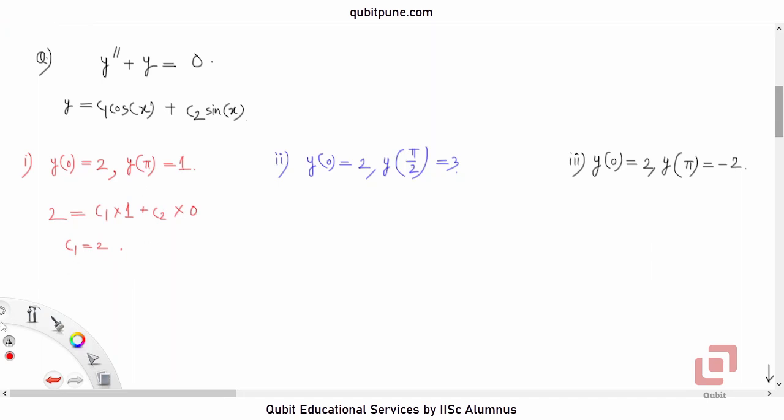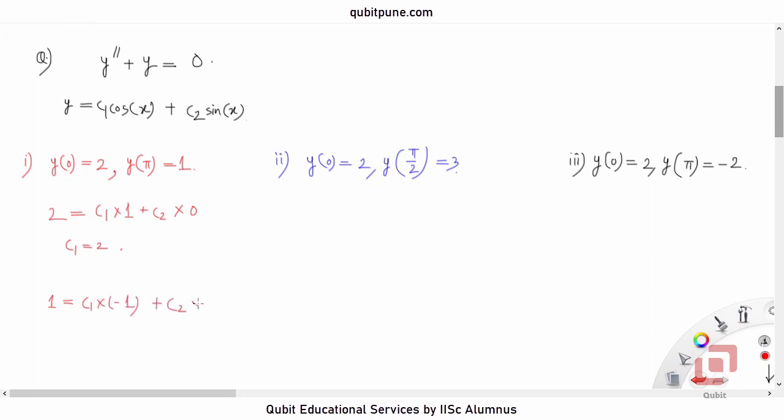And if I use the second condition, then I'll get 1 equal to c1 into cos pi, which is negative 1, plus c2 into 0. So this is giving me c1 to be negative 1. Now, is it ever possible that 2 is equal to negative 1? No, this is never possible.